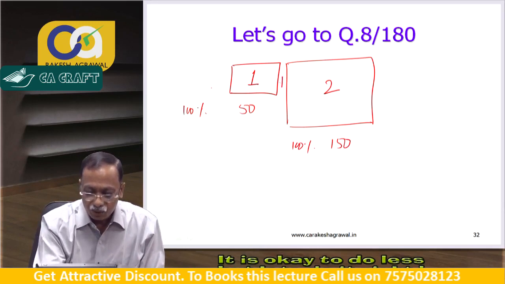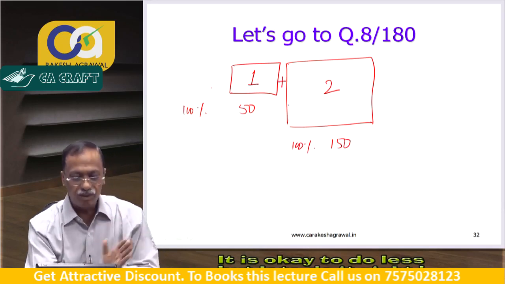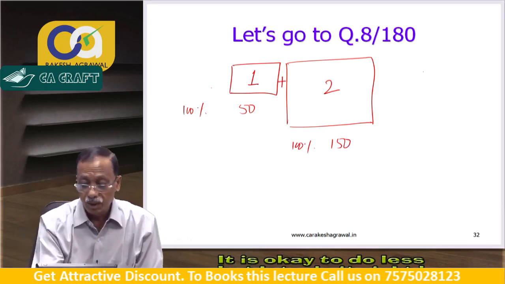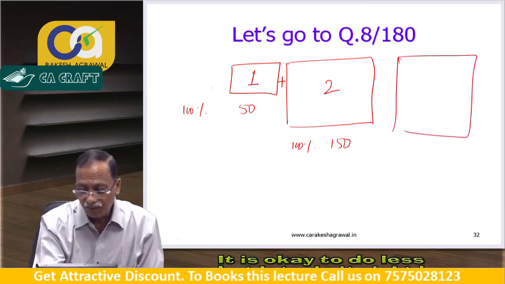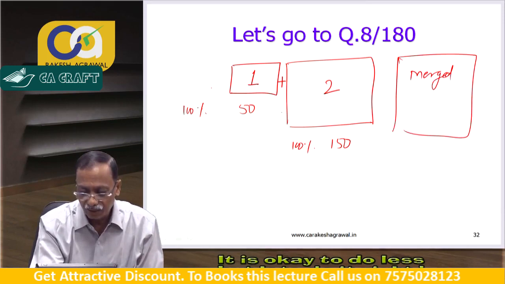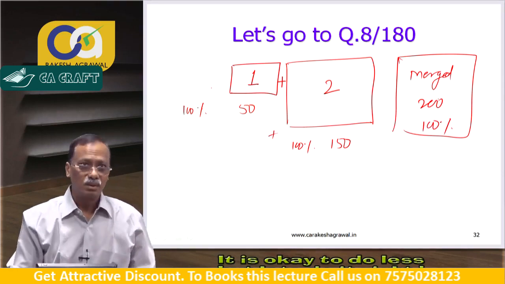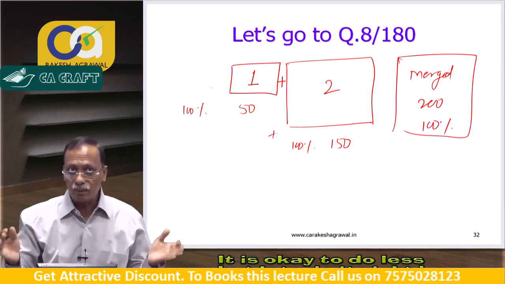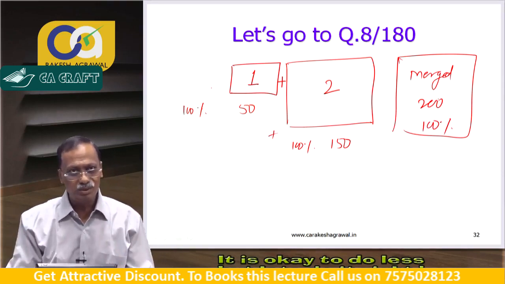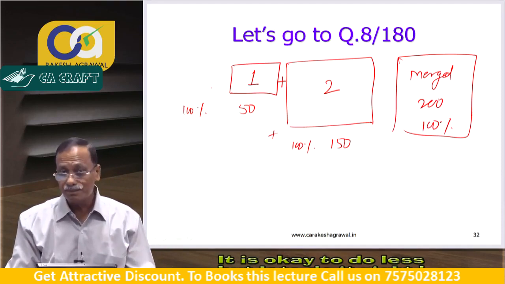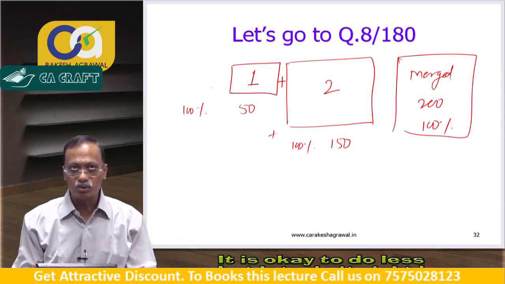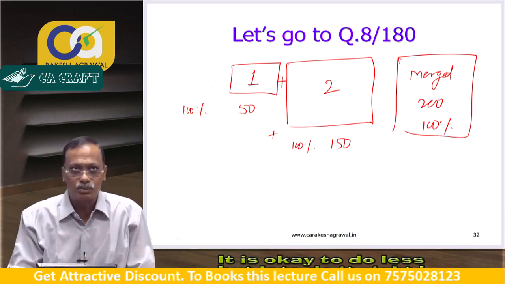If I remove the wall in between and merge these two classrooms, the merged classroom will have a capacity of 50 plus 150, that is 200 students at 100% capacity. Will I say the merged classroom's 200% capacity is 200 students?